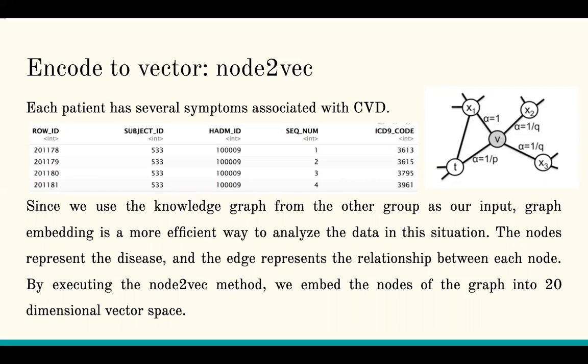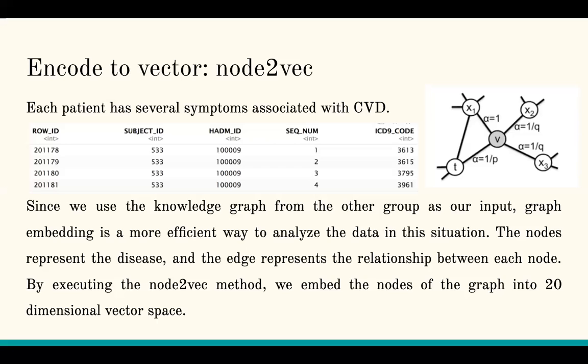Since there's no edge between X1 and X2, we can say that X1 disease and X2 disease do not share similarities. The reason we chose node2vec as our graph embedding method is that the results are weighted by the homophily and structural equivalence of the network, and we can adjust its parameters.